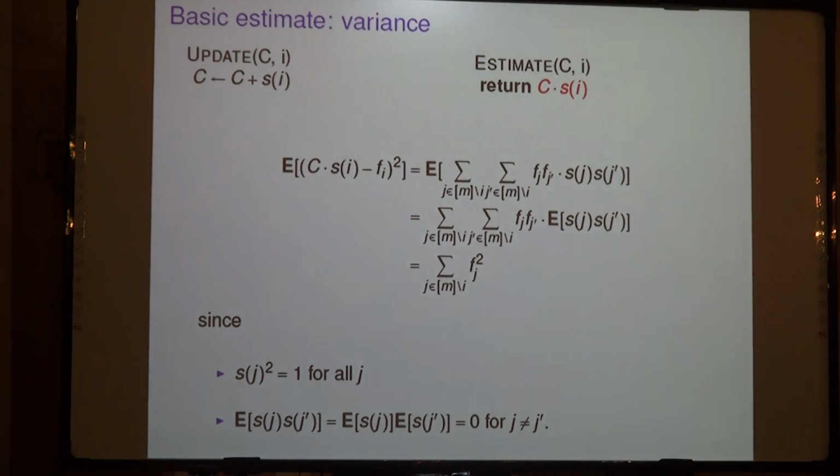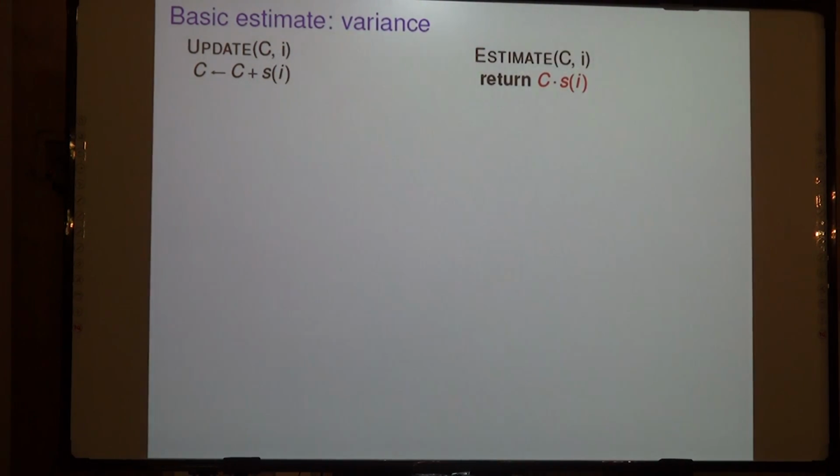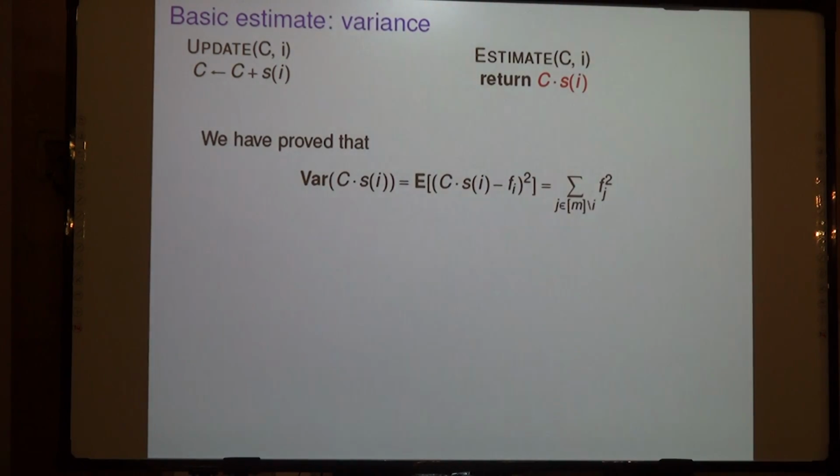Good. And so what is the upshot? Well, the upshot is that the variance of our estimator is exactly the sum of squared frequencies over all the other elements of the stream. This is our variance.